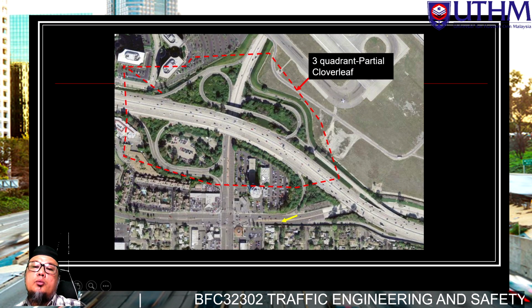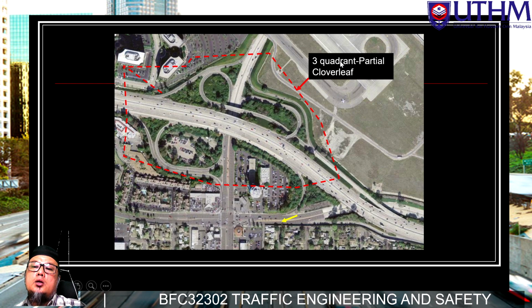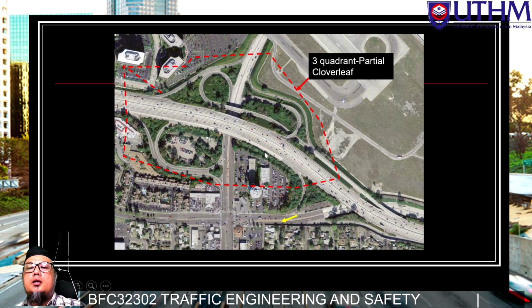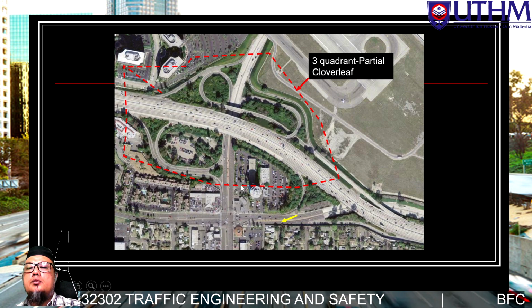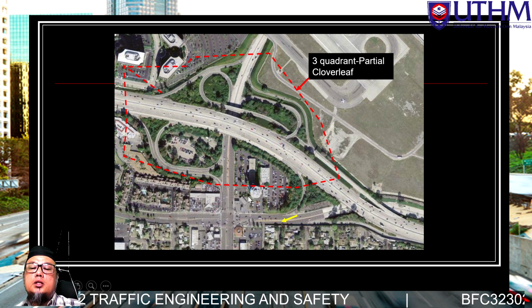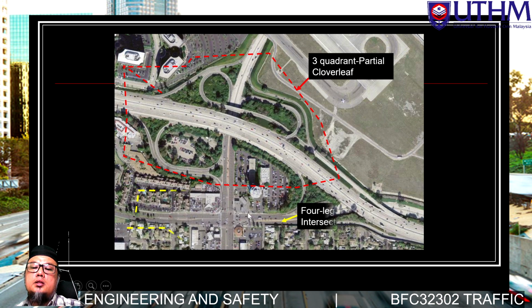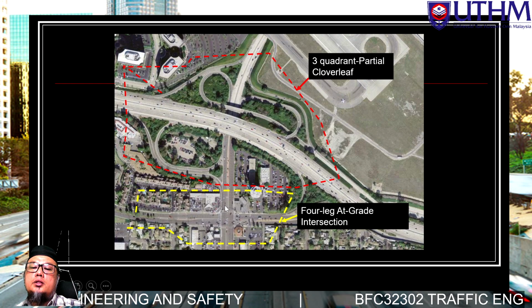They have a combination of the three quadrant partial clover leaf, three quadrant, because there is no place here, partial, so three quadrant. There is one more here at the bottom, this is not an interchange but still an intersection, a four-legged at grade intersection.